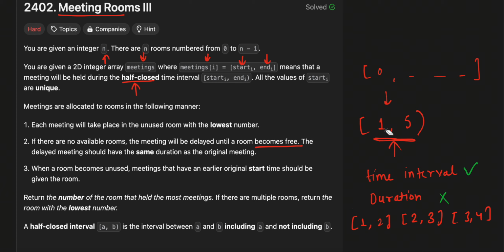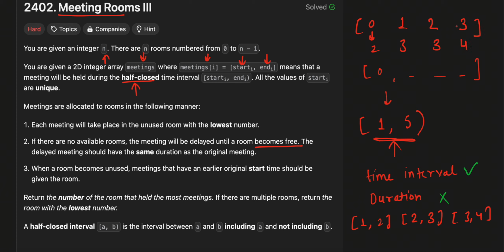Return the number of the room that held the most meetings. So what do we need to return in the end? We need to return the room in which the maximum number of meetings happened. So if room 0 had 2 meetings, room 1 has 3 meetings, room 2 also had 3 meetings, and room 3 had 4 meetings, what do we return?